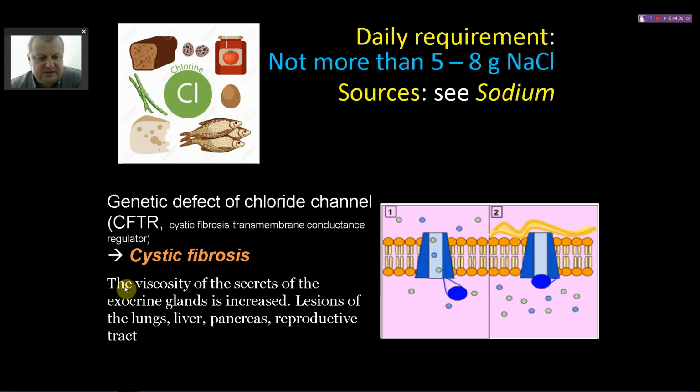And the viscosity of the secretions of the exocrine glands is increased. There is no water, and the viscosity is increased, and lesions of the lungs, liver, pancreas, and reproductive tract also could be observed.